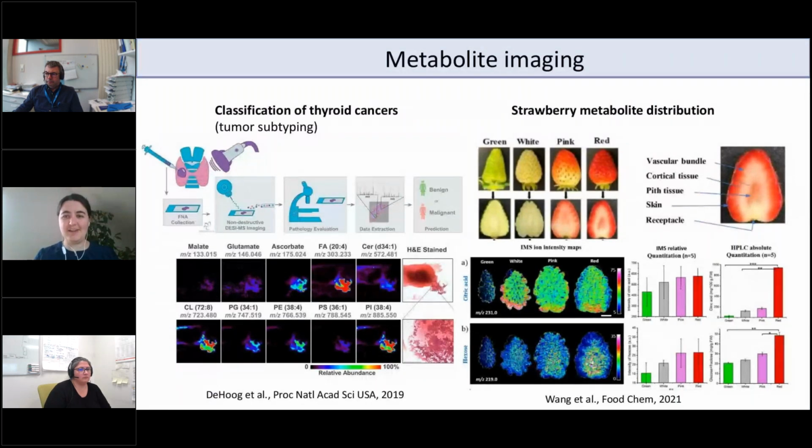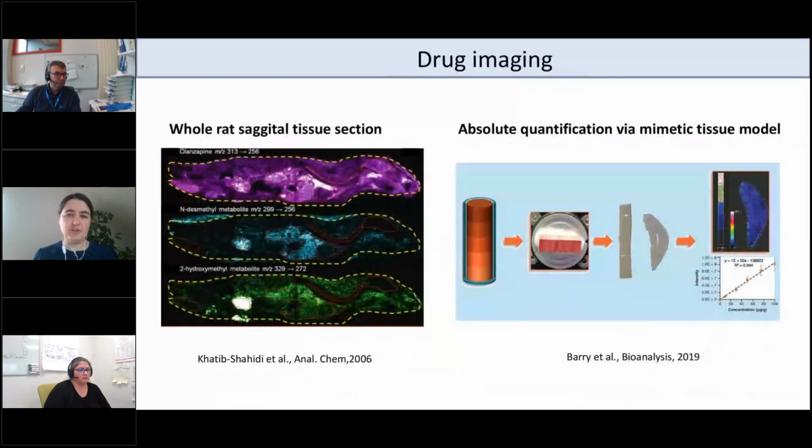On the right-hand side, we see that during maturation of a strawberry, different metabolites increase and decrease in different areas of the strawberry. So it can, of course, also be applied to study food, for example. Another area of small molecule imaging by mass spectrometry imaging is to image a drug. The distribution of a drug can directly be measured when the drug is, of course, able to be ionized.